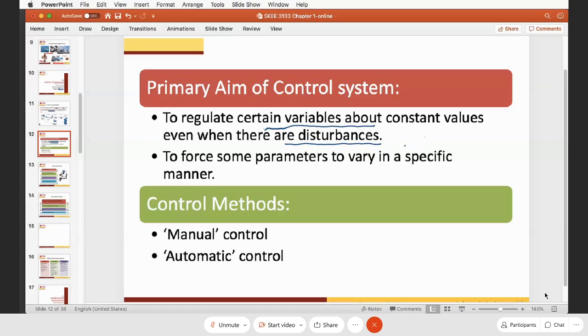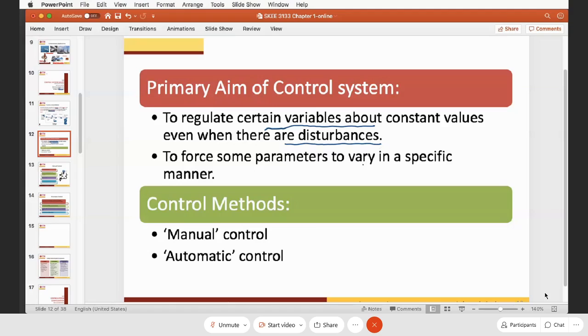So your system will try to maintain that temperature. So that is the meaning, to regulate a certain variable about a constant value even when there are disturbances. Something like a level tank, when you use the water, outflow, and then the system will try to increase the inflow water to the tank, something like that.